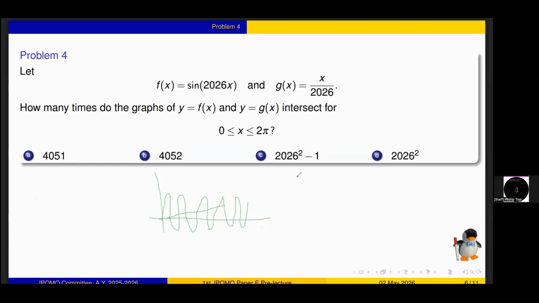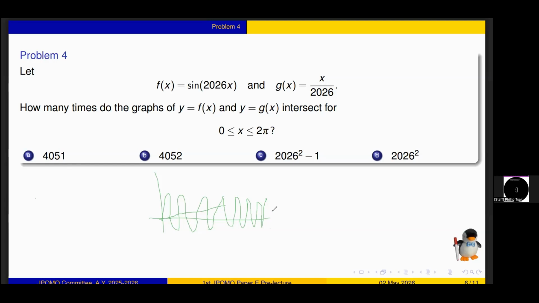So in that case, we need to see in what direction sine of 2026x is going just right before it hits g of x.